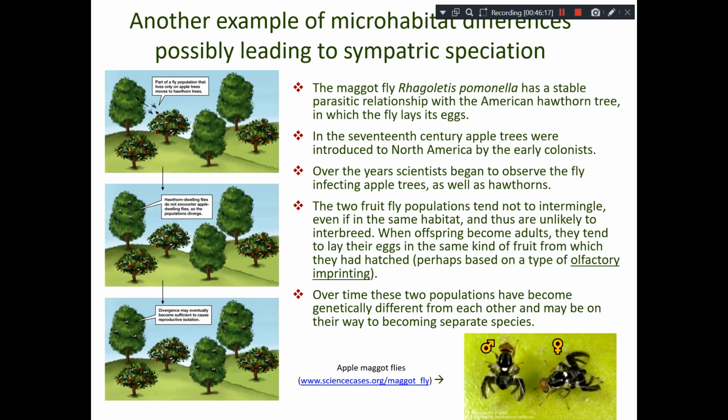When these eggs hatch on the apple and develop into hawthorn flies, they also started laying the eggs on the apple only. They never went back to their original hawthorn tree. Over time, what has happened? These two populations got genetically different.